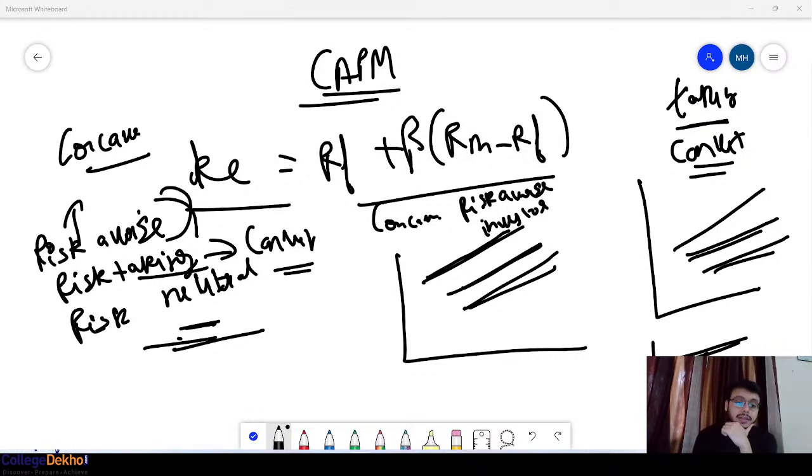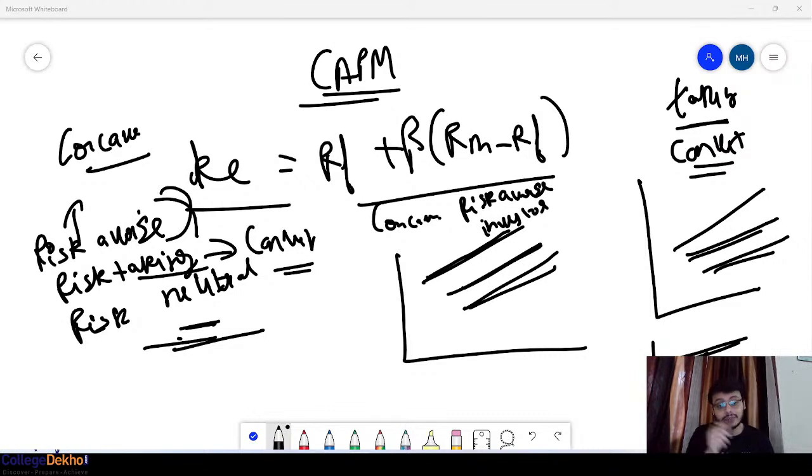Okay, then it says all investments are assumed to be infinitely divisible, making it possible to even buy or sell fractional shares of any portfolio. It is saying that all investments are assumed to be infinitely divisible, meaning you can divide investments and buy them, making it possible to even buy or sell fractional shares of any portfolio.